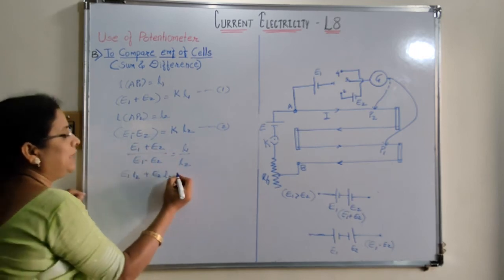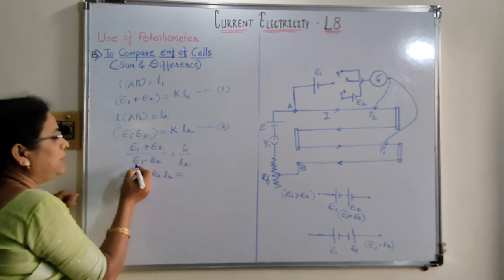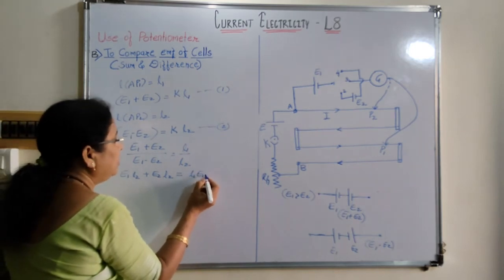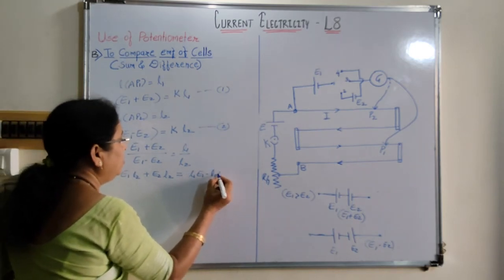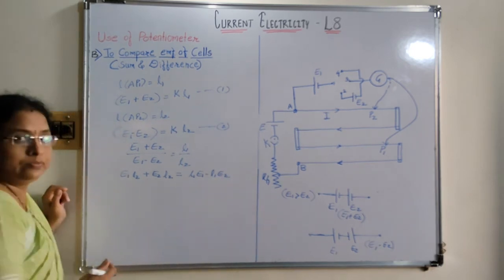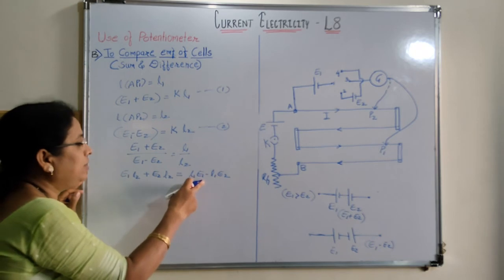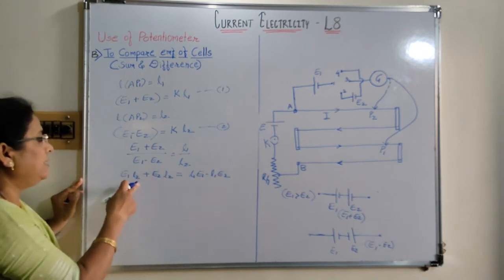L2 we multiplied on this side. Now here L1 multiplied by E1 minus E2, you get L1 into E1 minus L1 into E2. Now we take L1 into E1 and here L1 into L2.